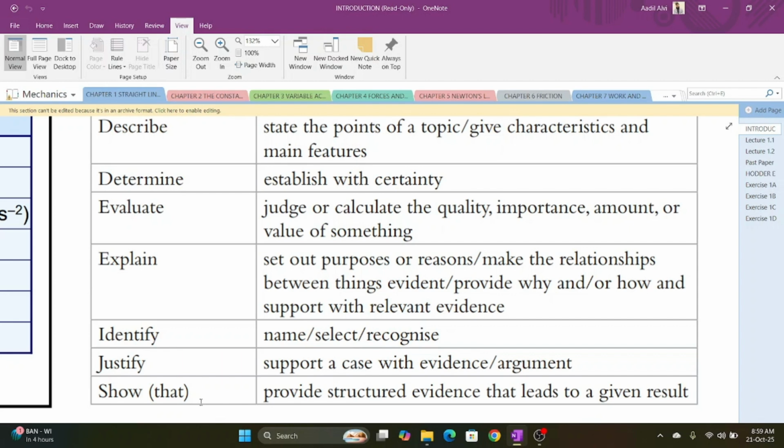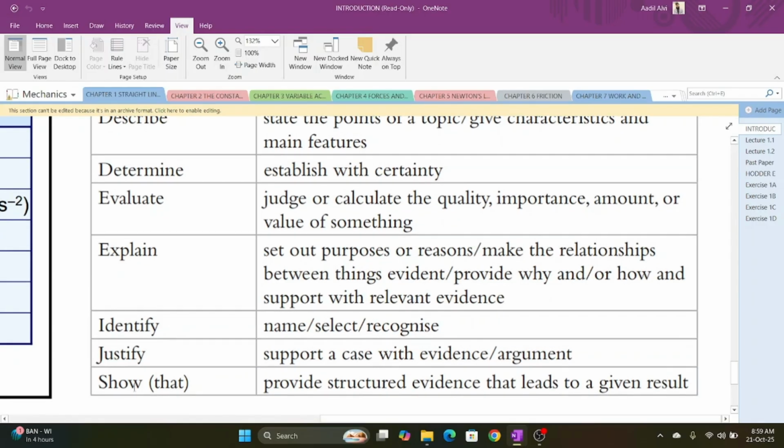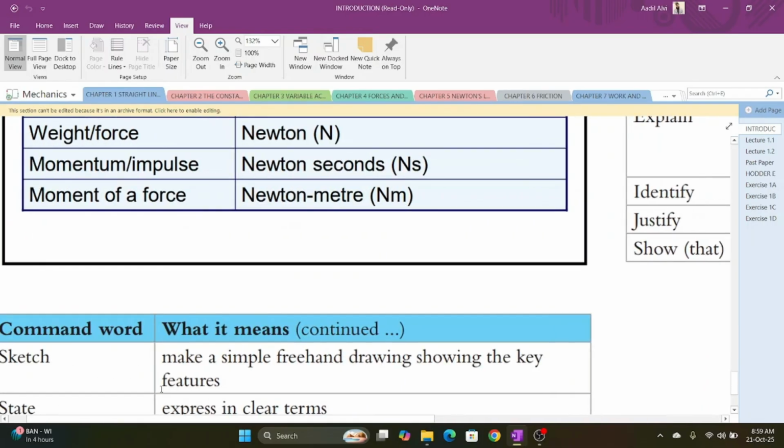So for example, they can say show that x is equal to 1. Now whatever the question is, how you make your progress, how you start working through the given question and you reach the answer that x is equal to 1, that is what's important, okay. So that is where these type of key command words are used.